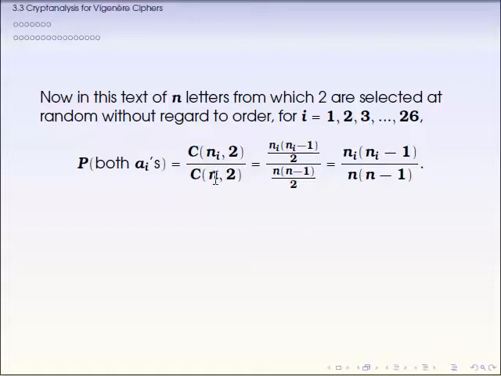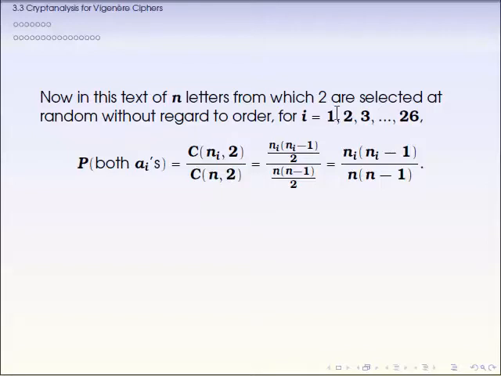So that's all the possible cases, and if both of them are a's, then there are n1 a's, right? If it's a, then n1, and we choose two out of that. So that's the number of cases in which we choose a's.